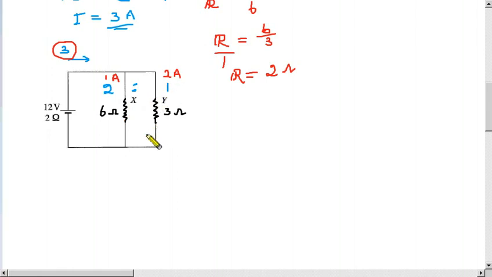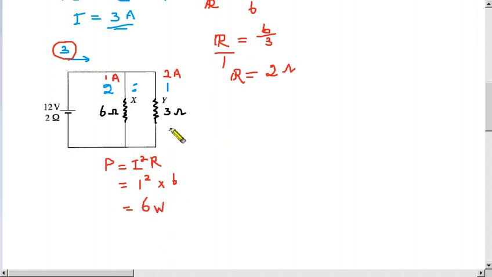So what we need now is power. Power equals I squared R, that is Joule's law. Here the current we know already. Then 1 squared times R, which is 6, gives 6 watt.